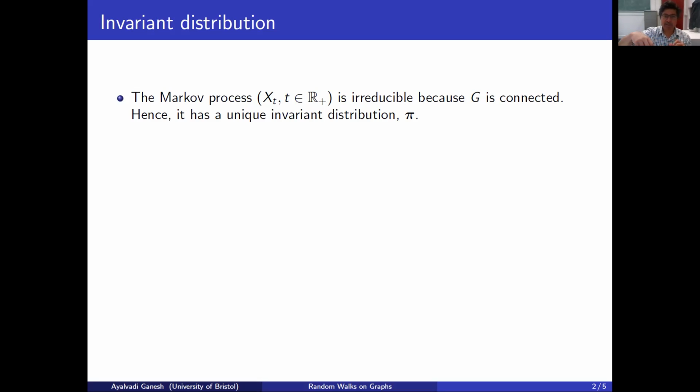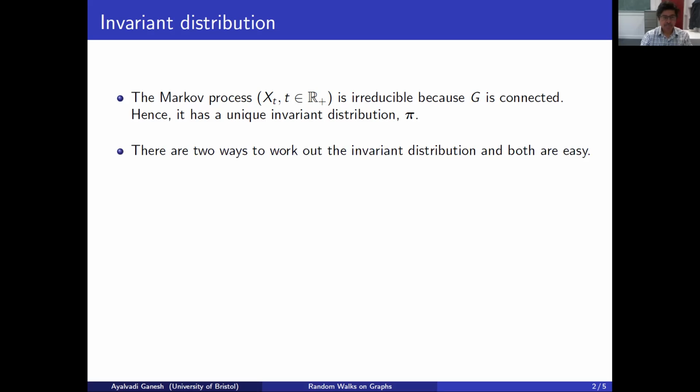So this says that every state is accessible from every other state. That's the definition of irreducibility. Every pair of states communicates. Since the Markov chain is irreducible, it has a unique invariant distribution. The existence is because it's a finite state space. So there is a unique invariant distribution pi for this Markov chain.